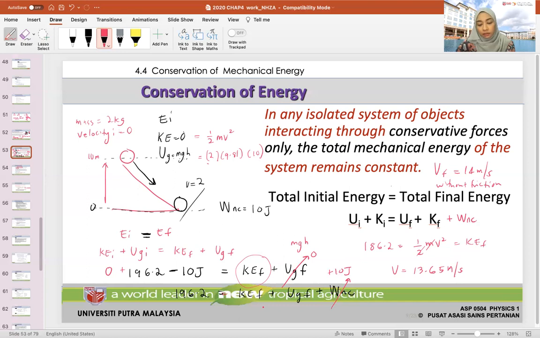Adakah sama? Sebab kita tahu yang KEF ni adalah 186.2 tadi kan? This is 0, this is 10. This is equal to 196.2.